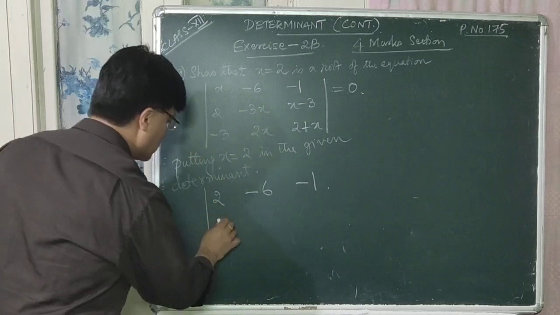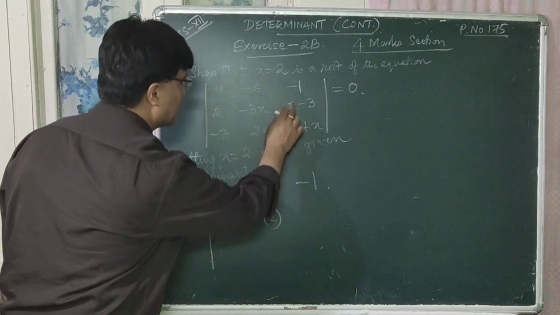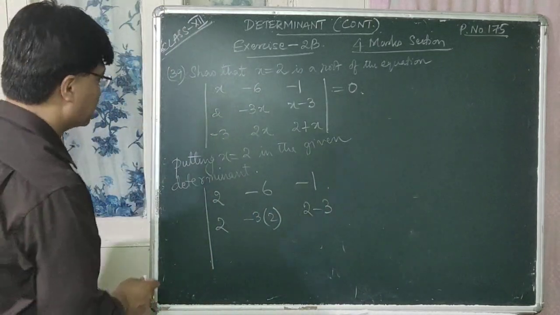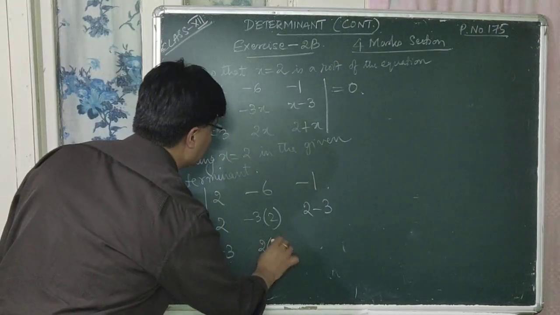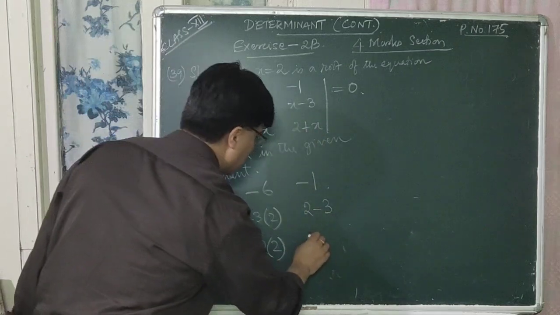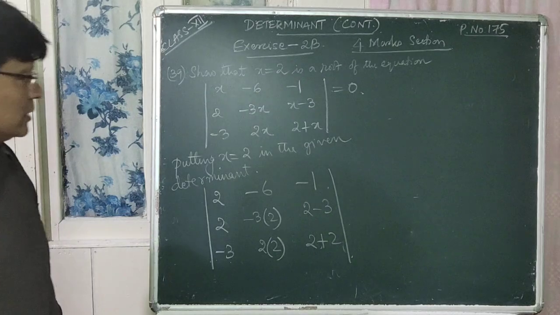Then 2 is constant, minus 3 into 2, and this one is 2 minus 3. Then this is minus 3, this one is 2 into 2, because the value of x is 2, and this is 2 plus 2. So this is the determinant.